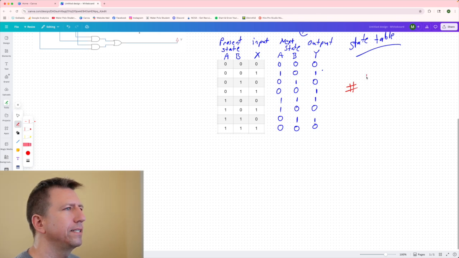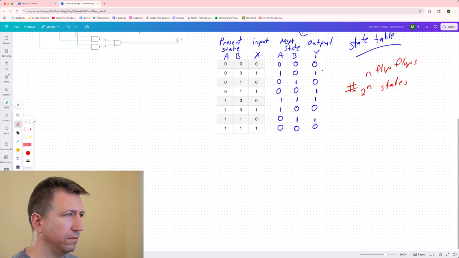So if we have n flip-flops, we have 2 to the n states. I'm just going to write it, number of states. Okay, so n flip-flops gives us 2 to the n states.